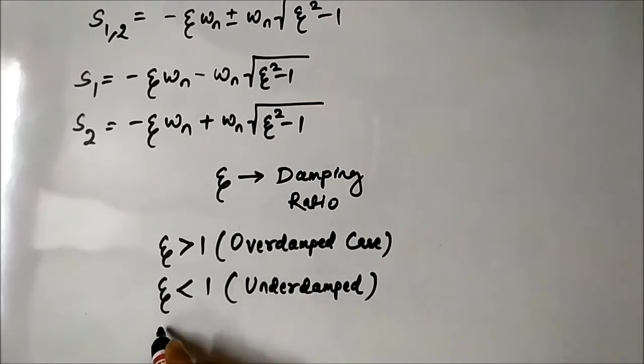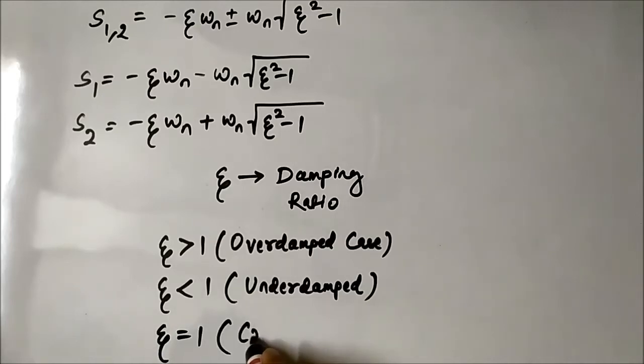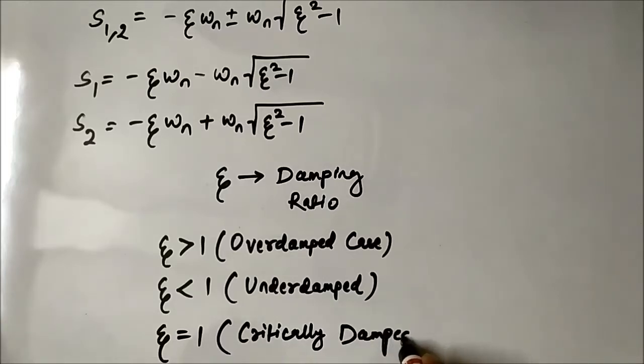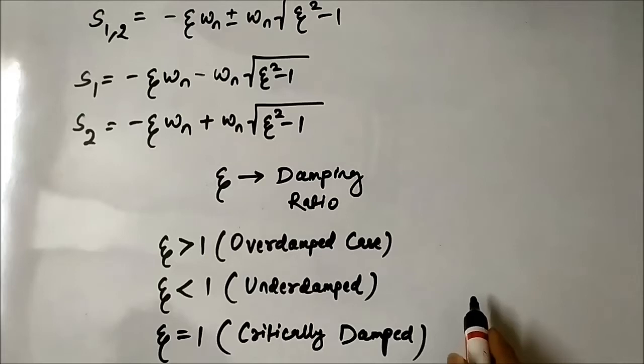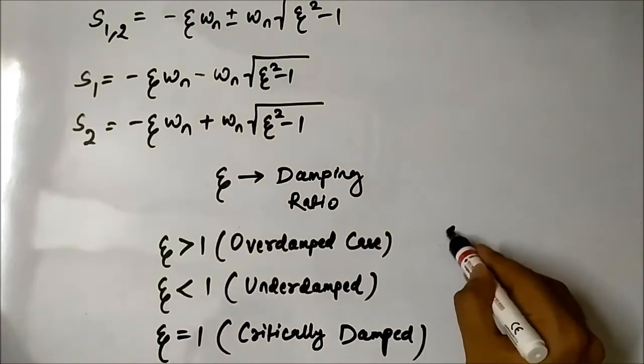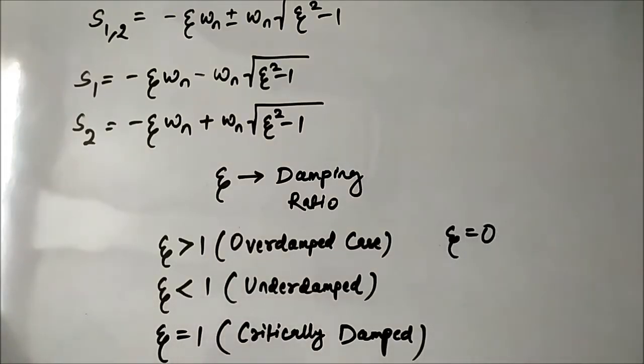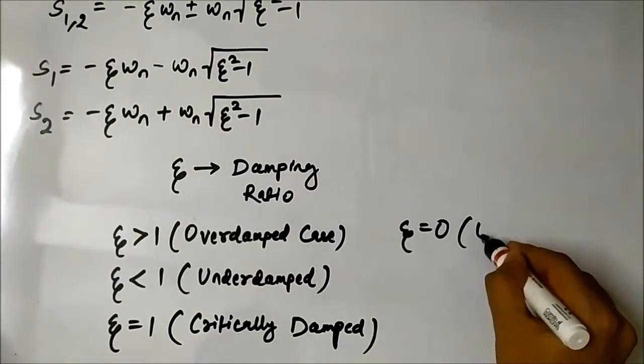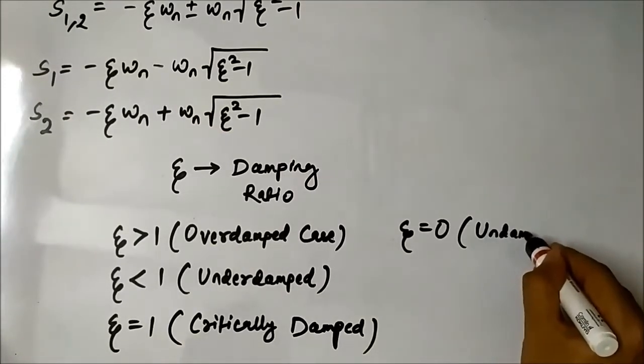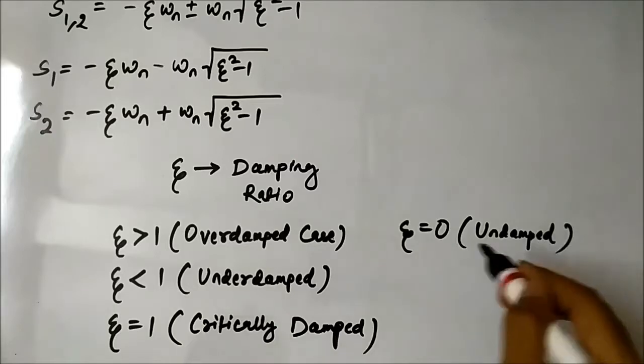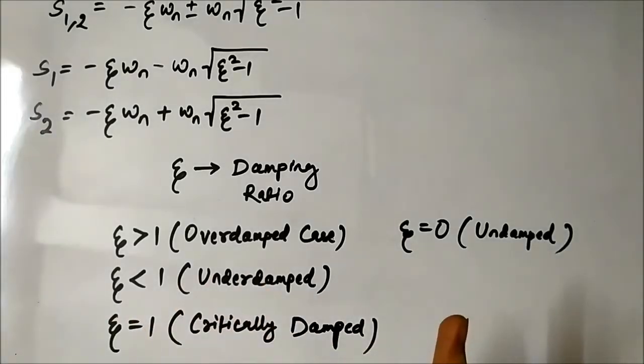The third one will be when zeta will be equal to 1. This will be the critically damped case. Okay, critically damped. And the fourth one will be when zeta will be 0, no damping. So that will be called as the undamped case. So we'll analyze the behavior of these roots for these 4 cases one by one.